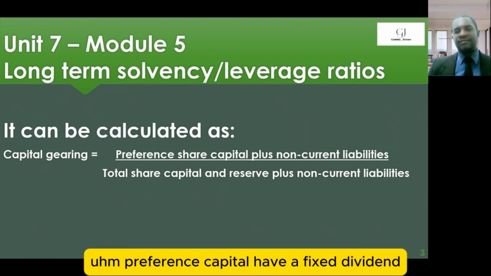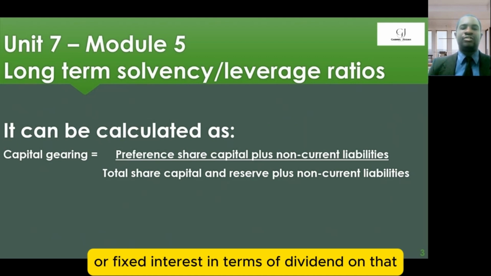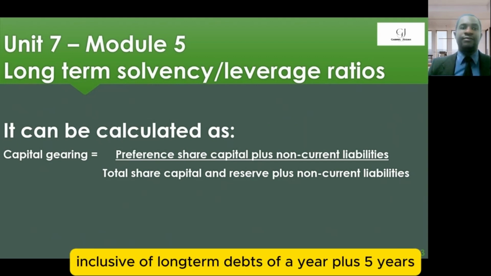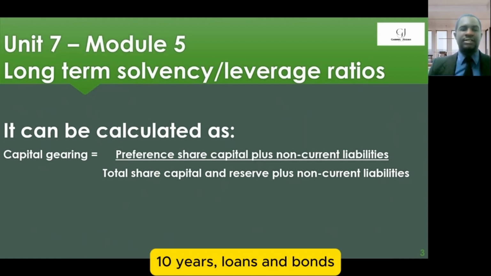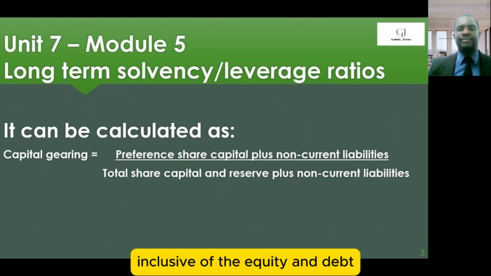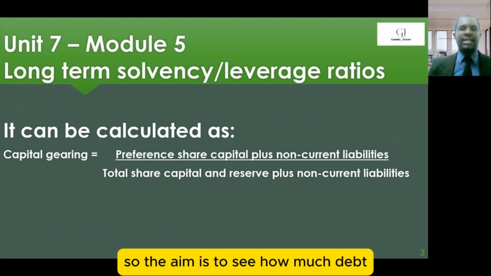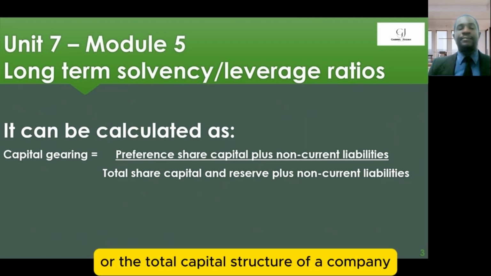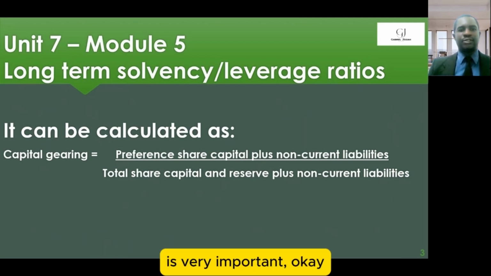Preference capital has a fixed dividend on the capital provided to the company, inclusive of long-term debts of a year plus, 5 years, 10 years, loans and bonds. And the denominator is the total capital, inclusive of the equity and debt. So the aim is to see how much debt is the percentage of the total capital structure of the company. It's very important.